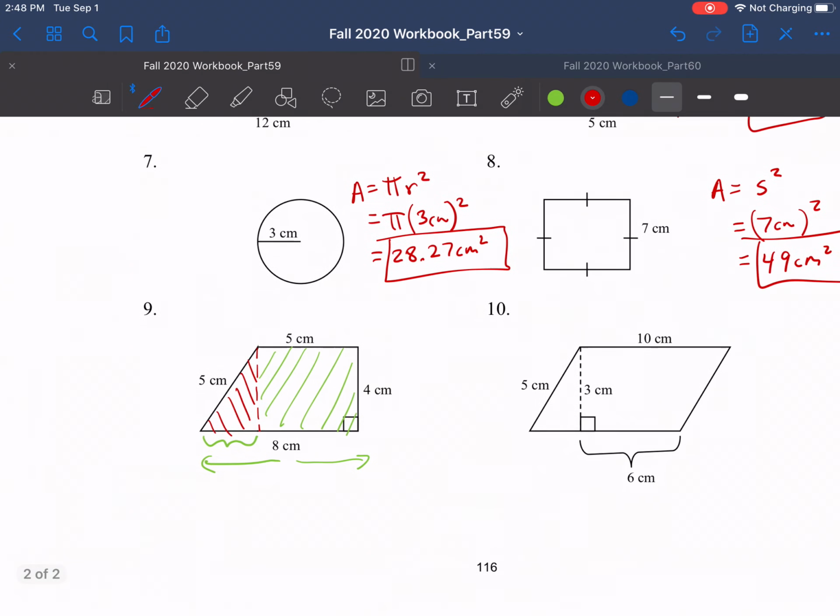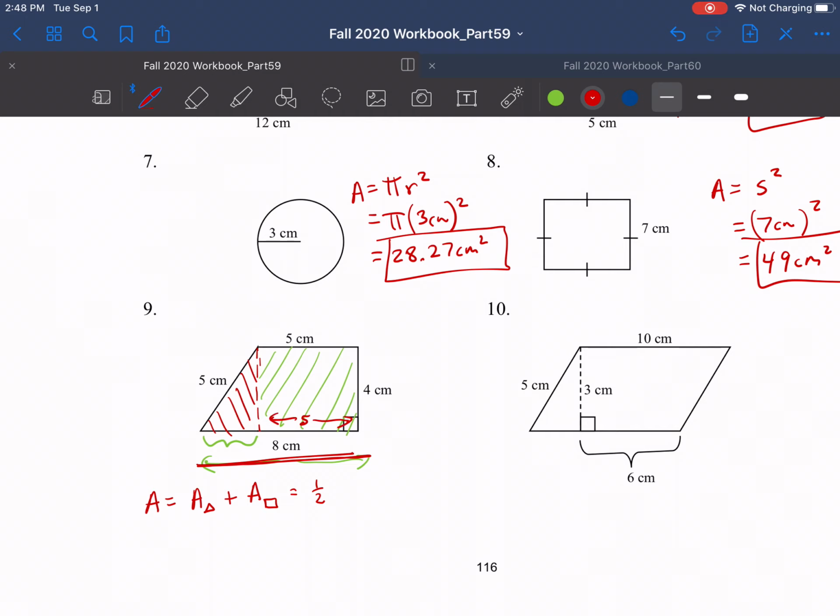For this one, we needed to make two shapes out of it. The total area would be the area of the triangle plus the area of the rectangle, if I write it like that. I hope that helps. So the area of the triangle is 1/2 the base of the triangle. Well, we know the whole thing here is 8, and we know that this little part in here is 5.